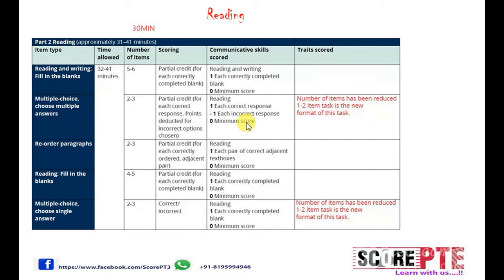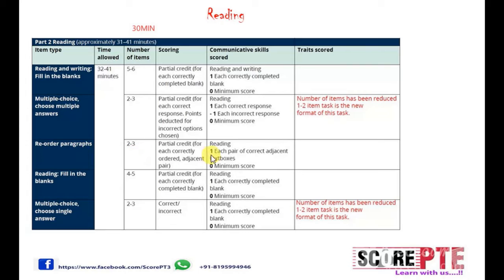So there is no negative marking in your reading and writing fill in the blanks, but there will be negative marking in your multiple choice multi answer. So what we recommend to our students is to try to avoid negative marking by selecting only one answer if you are not sure. If you are confident about your two multiple answers, then choose both, or if you are not confident, then go with one answer.